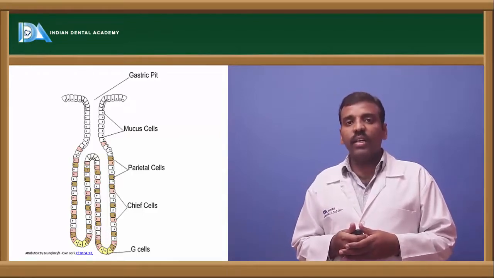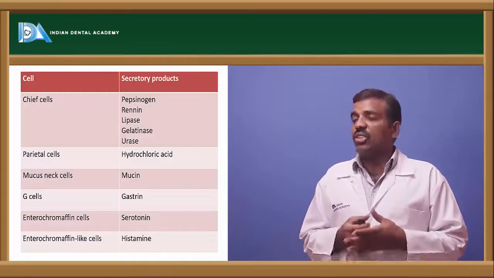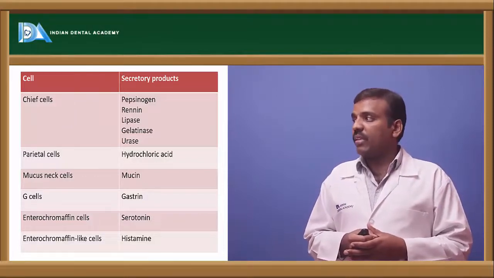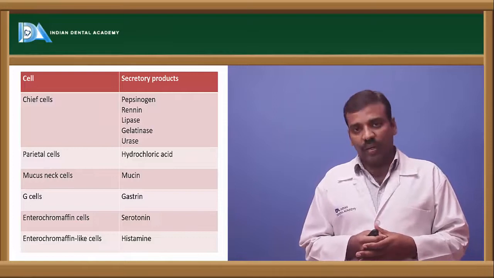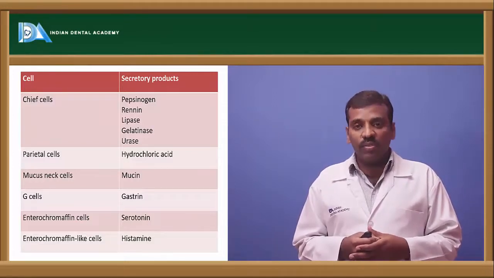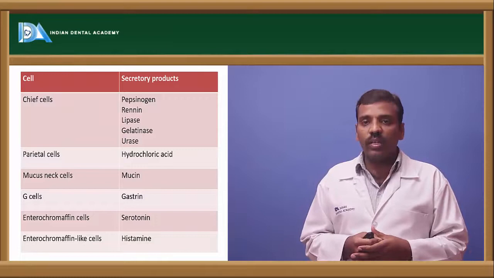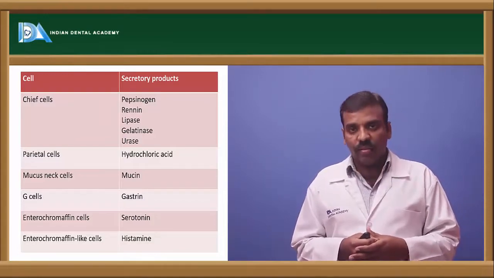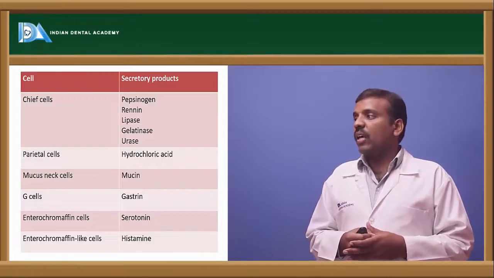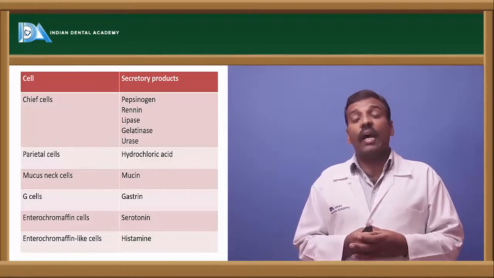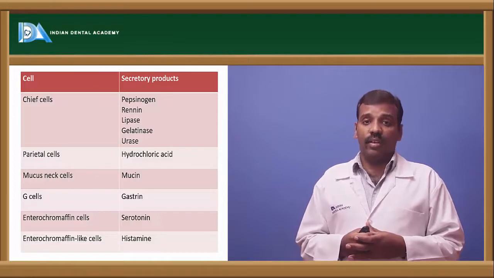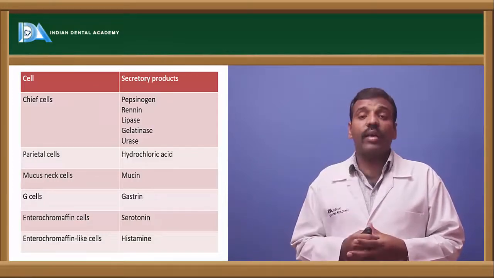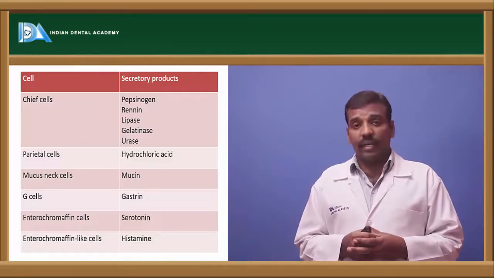Okay, and next the chief cells secrete pepsinogen, renin, lipase, gelatinase, and urease. And next the parietal cell secretes hydrochloric acid or HCl. So a concentrated hydrochloric acid is secreted from the parietal cells.